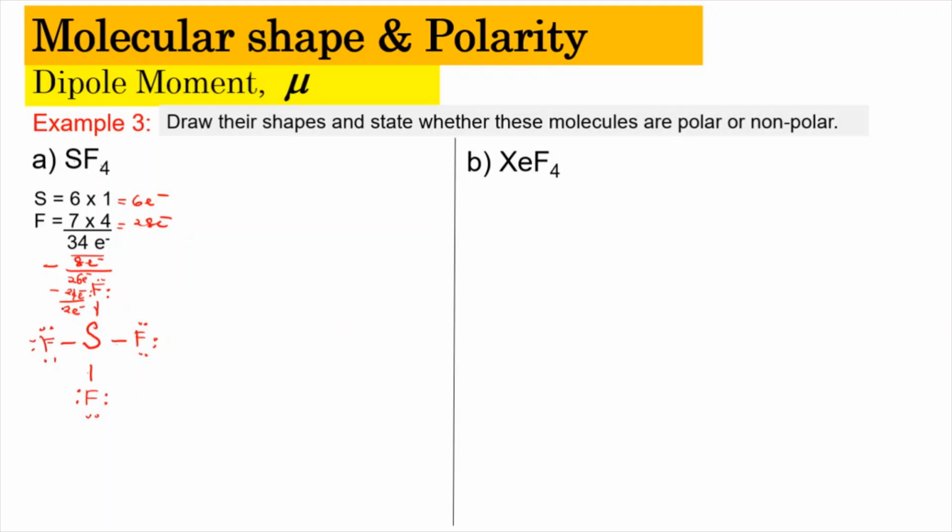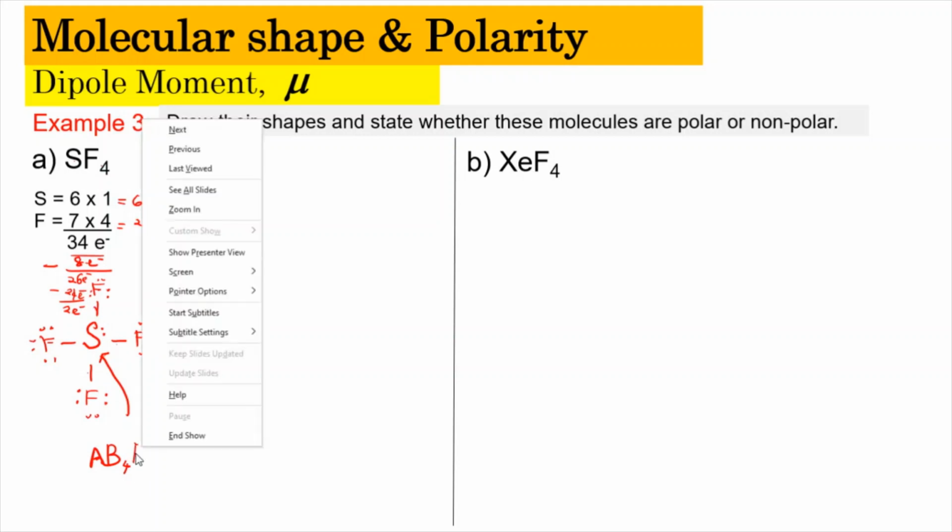The 2 electrons here will be placed on the central atom. And now we need to determine the class. The class of the central atom is A, representing the central atom, and the bonding pairs are 4, so AB4. And then we have 1 lone pair, so it's going to be AB4E.